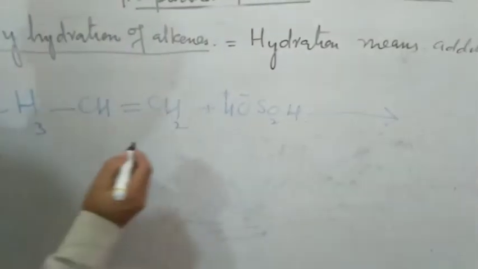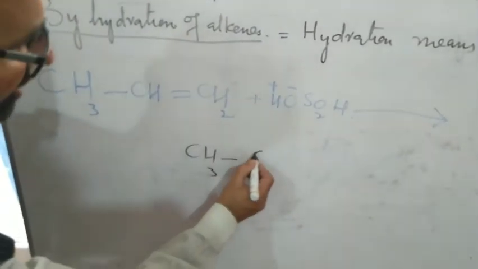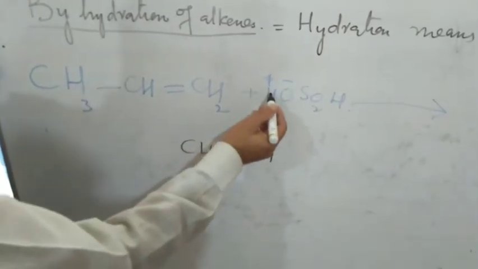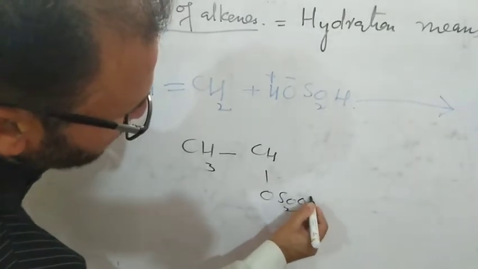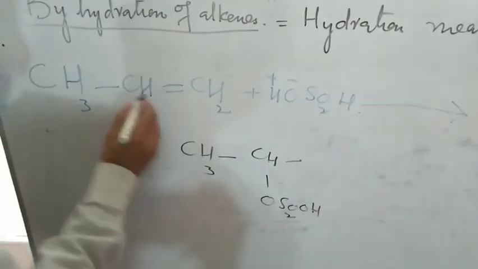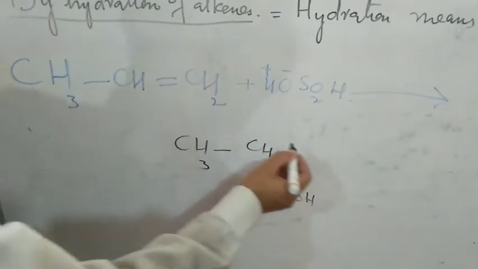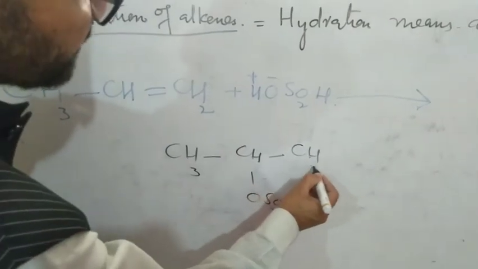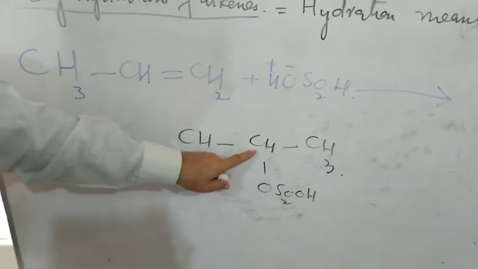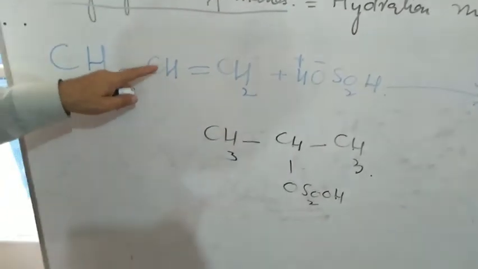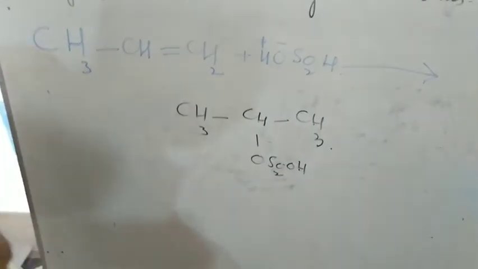It will yield, I will write here the product. This is CH3 and CH, तो आपका negative part जो है this one, OSO2OH. यहाँ पर सिंगल बॉन्ड, यानी हाइड्रोजन यहाँ जाएगा, CH2CH3. Negative part is added to that carbon which has lesser number of hydrogen atoms. अगर हमारे पास इस कार्बन पर एक ही हाइड्रोजन है, यहाँ पर दो, that means negative part is added to this carbon. So this will be the product.